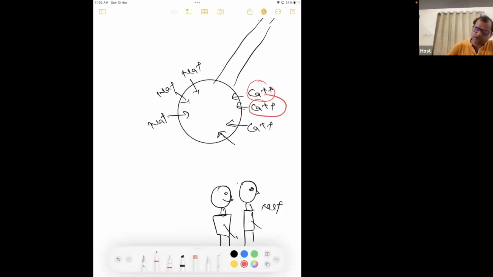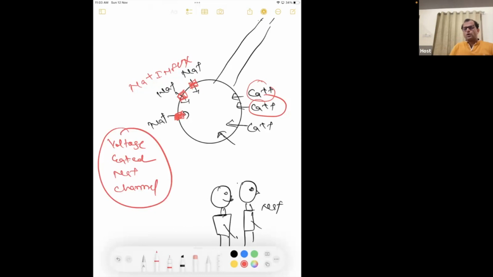So sodium influx is happening here, and because of that, calcium also starts going in. This is the event happening here. So here we have to understand one thing. Sodium is going through one special door, which is called the voltage gated sodium channel.